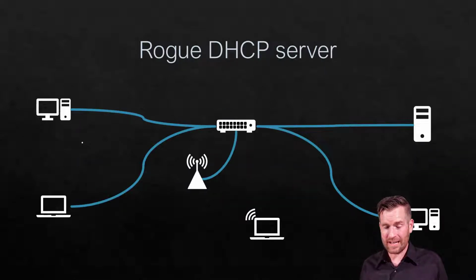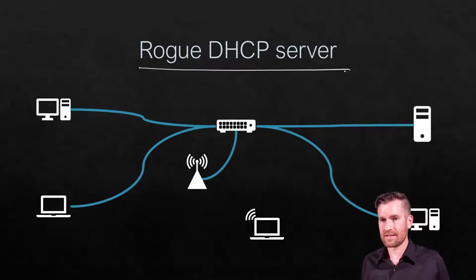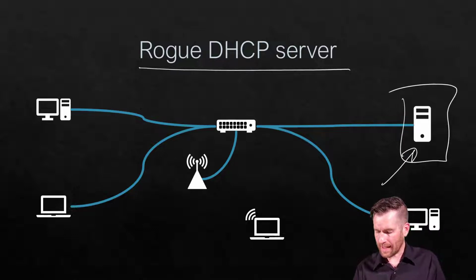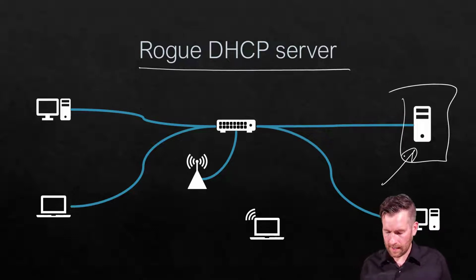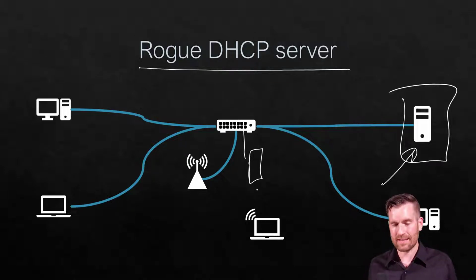One way to initiate this on-path or man in the middle attack is using a rogue DHCP server. An example of this is maybe this network has a DHCP server already on it, but I install my own DHCP server onto this network.